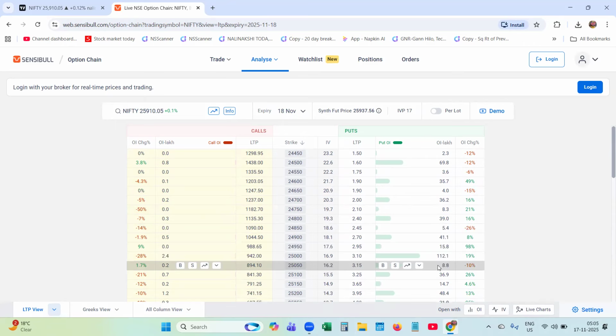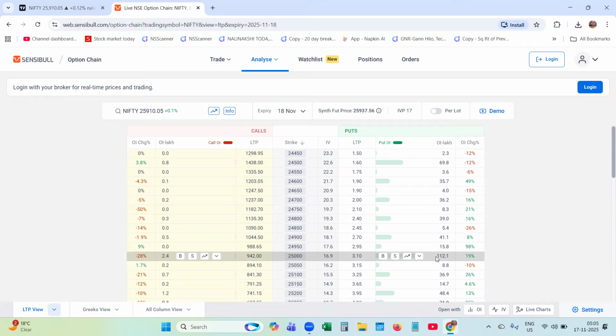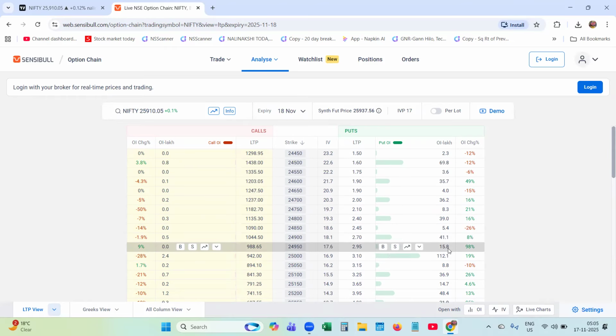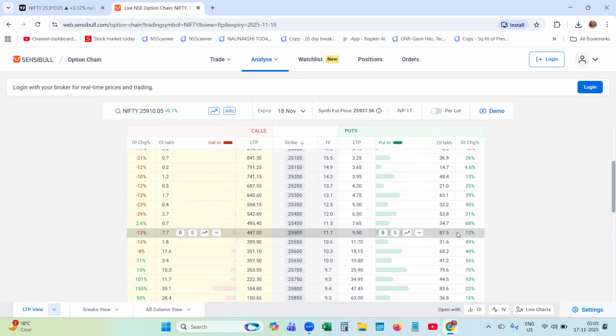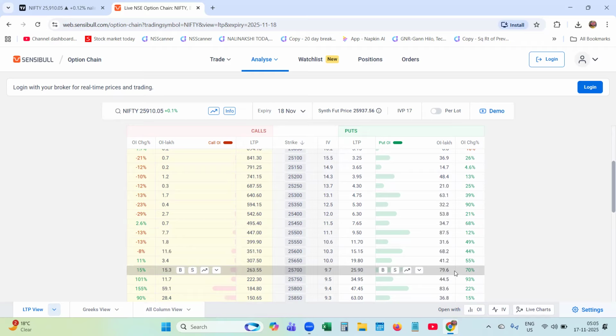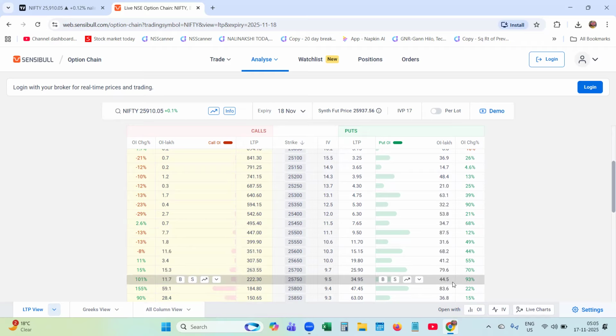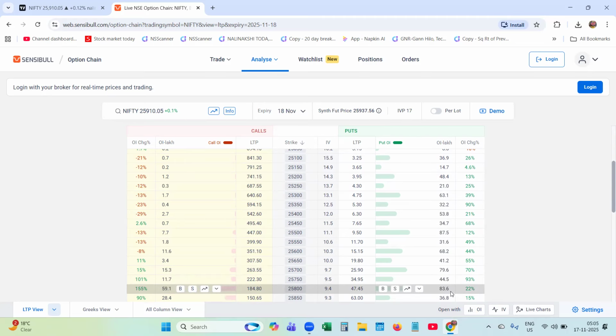It is giving the put option 25,000 maximum, 24,500. Okay, you can see around 25,500 and 25,700, 25,800.